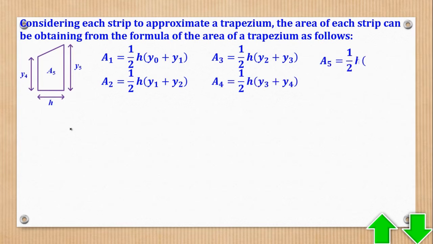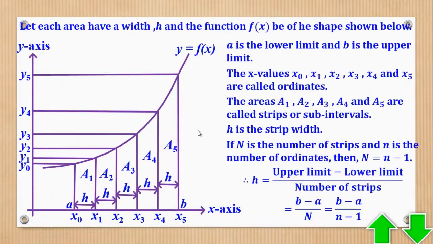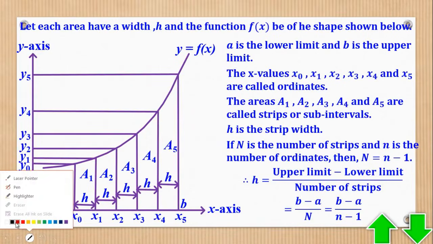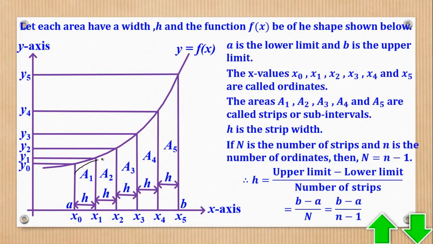After getting all those areas, we have to remember that to get the total area, you have to add up all these areas, because when you look at this diagram, you have split the area into smaller strips, A1, A2, A3, A4, A5. So to get the total area which they want, we have to add up all these areas of the strips.